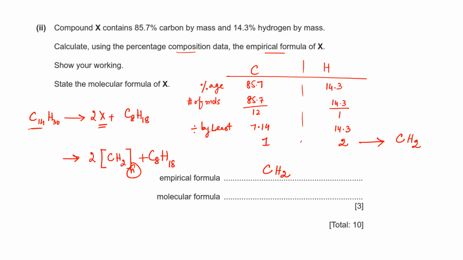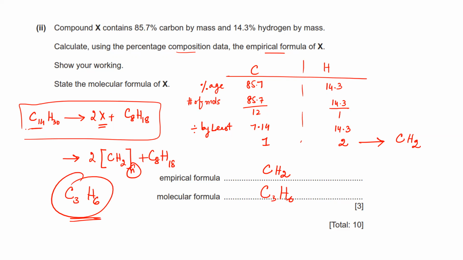There are 14 carbons. If I have 3 here, 3 into 2 is 6, 6 plus 8 is 14. So yes, it would be C3H6. This will be the molecular formula of the compound X, C3H6, and that comes just by balancing this equation.